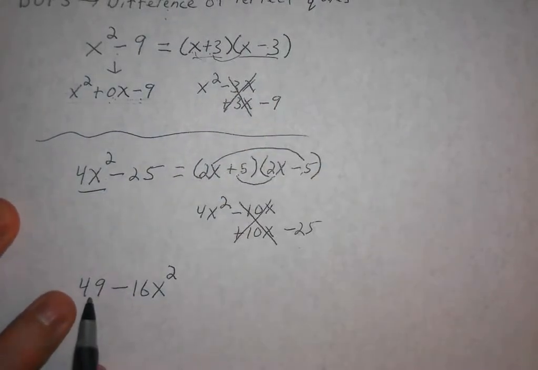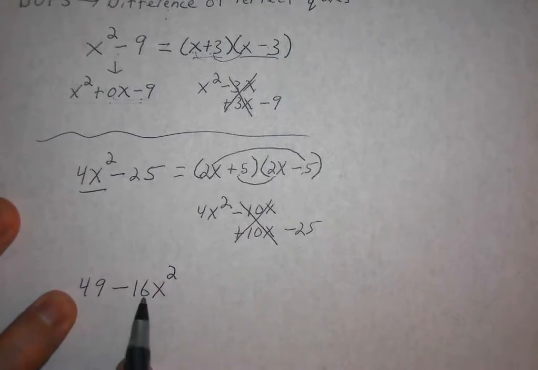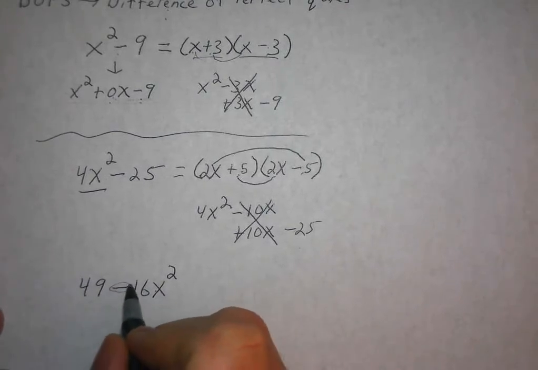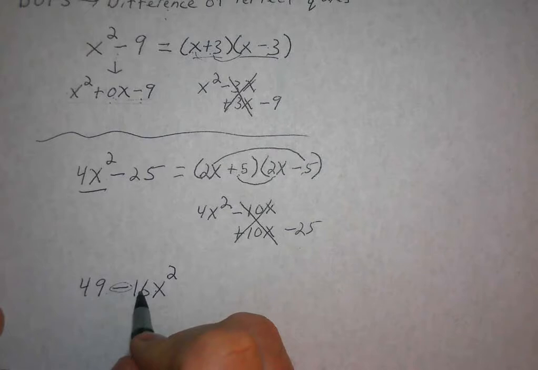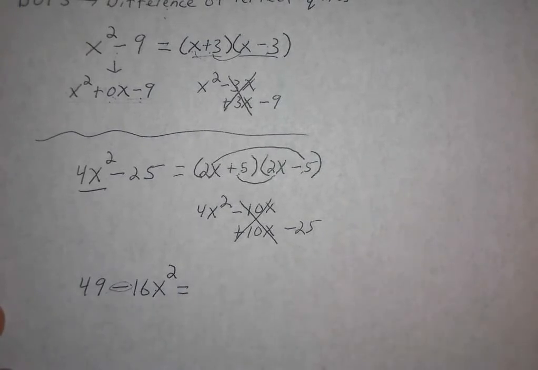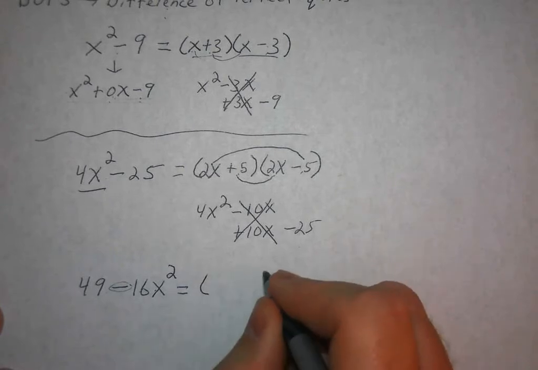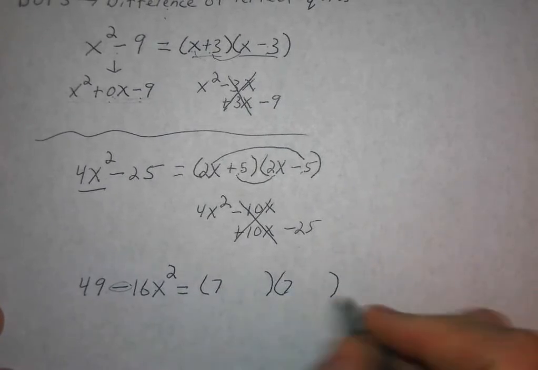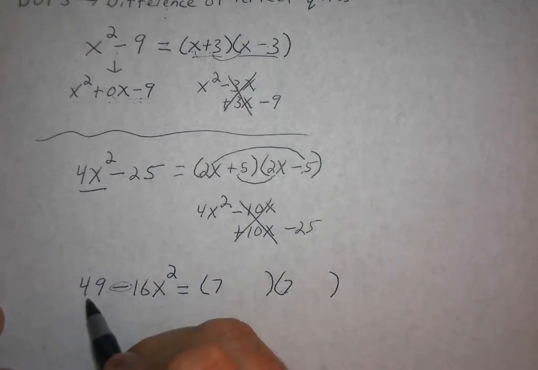Well, what do you multiply by itself to get 49? 7 times 7. And then what about the 16x squared? Notice here, the 16x squared is coming second in our terms, but the form is still the same as difference of perfect squares. So how do you multiply to get that first term of 49? It's 7 times 7. That gives us 49.